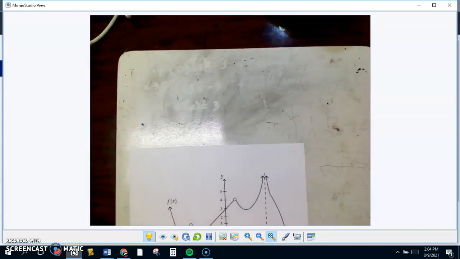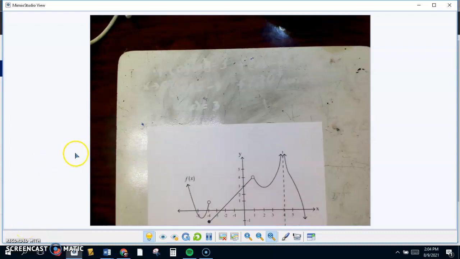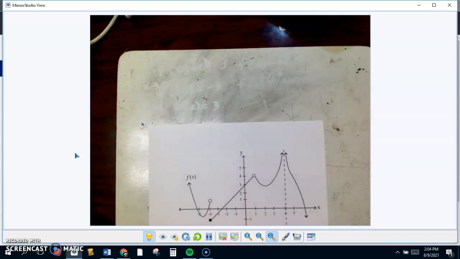So let's see what's happening at negative 4, at 1, and at 4. So we'll start with negative 4.